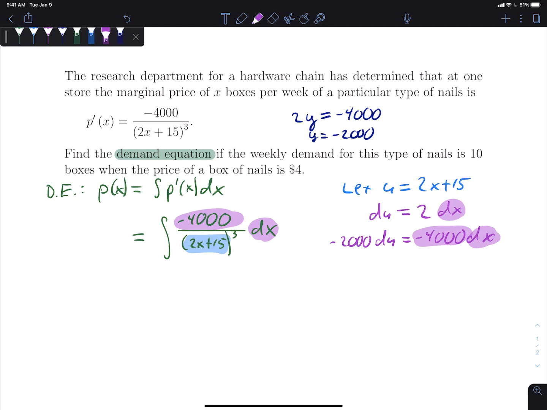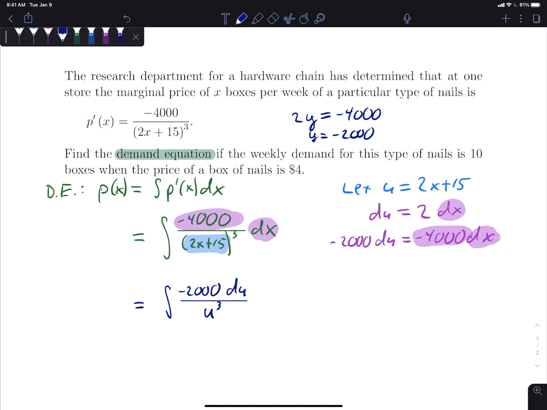So let's replace stuff with what we have it as here. This is going to become the integral of, instead of negative 4,000 dx, negative 2,000 du. And then all over, instead of 2x plus 15, that would be u cubed.